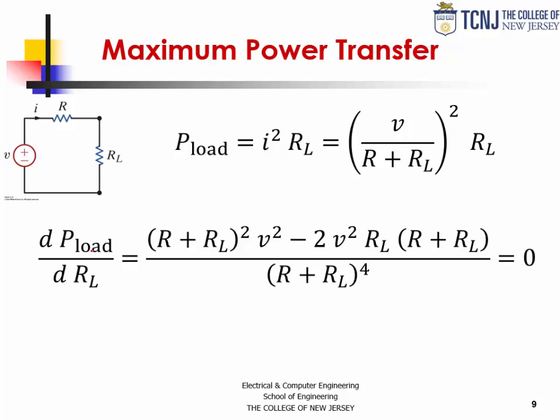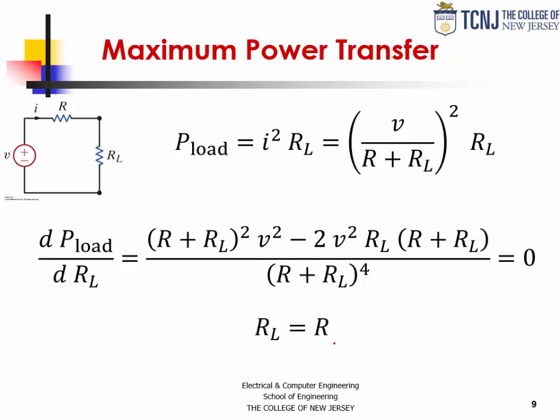Then I can take the derivative of the power with respect to the load resistance and equate it to zero, because when that derivative is equal to zero, I will have a maximum power transfer. And when I solve this equation, I get that RL is equal to R.